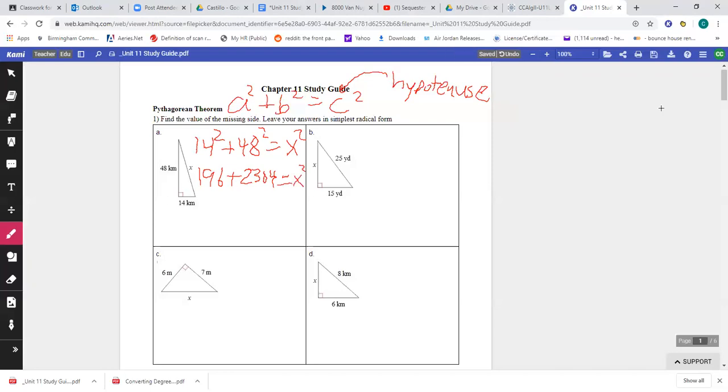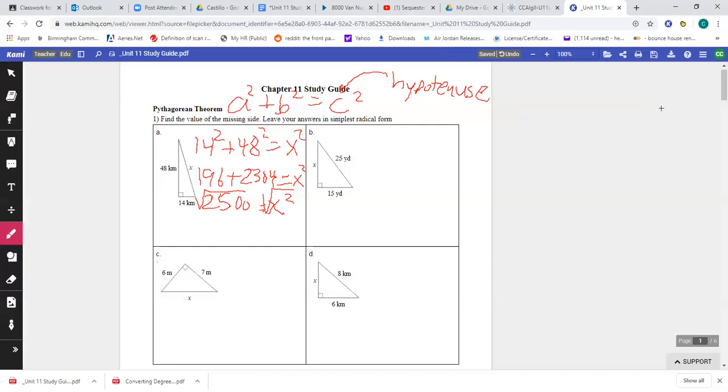Now you just go ahead and add the left. So it's 2,500 is equal to x squared. And then now to get the x by itself, you take the square root of both sides. So with your calculator, make sure you know how to do this.